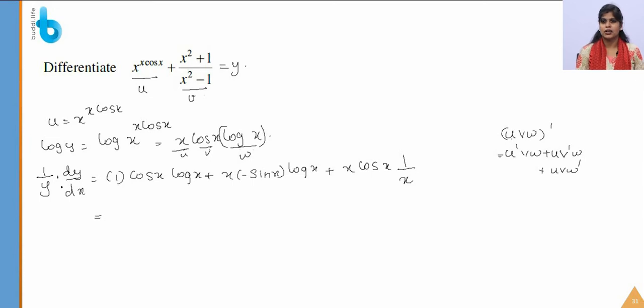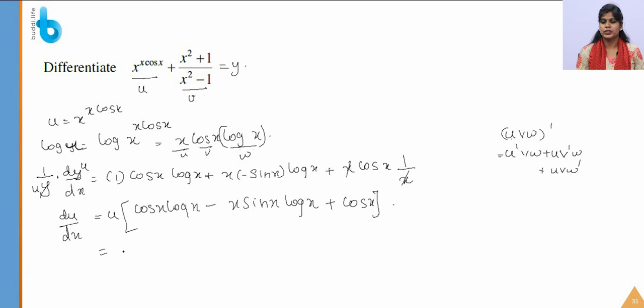Okay, now take this y to the other side. Actually it is u, since we are differentiating u. So I want du by dx, so take this u to the other side, so u into cos x log x minus x sin x log x plus, this x gets cancelled, so cos x.